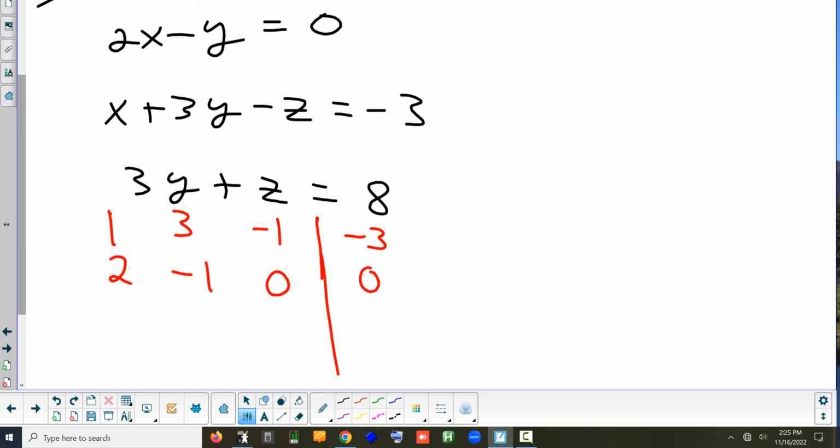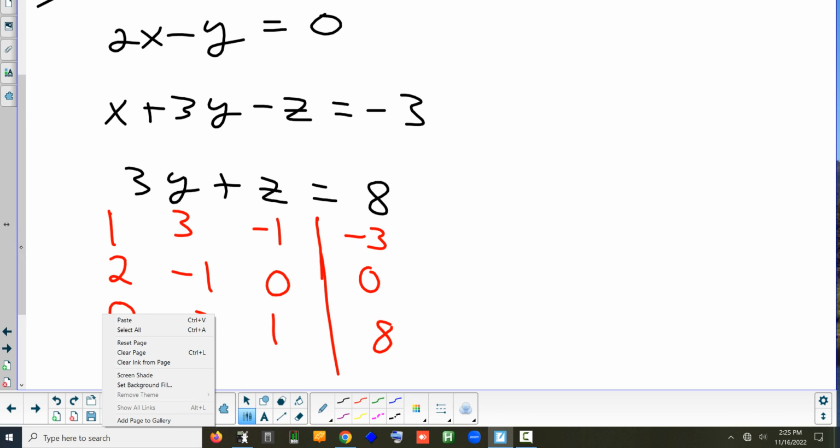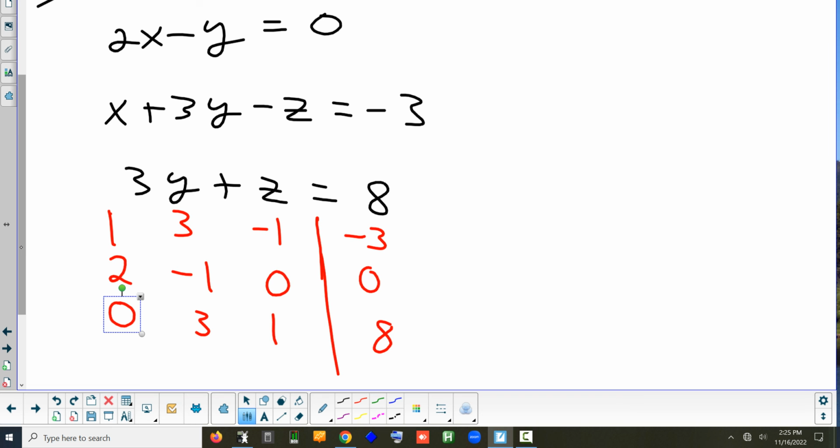And the bottom row, what would that be? 0, 3, 1, and 8. Now, that's perfect. We already have a 0 in this spot. That's never happened before. We needed to get a 0 there. We already have one. Good. So, the step where I normally do two things right now, I only need to do one. Just get a 0 right there.